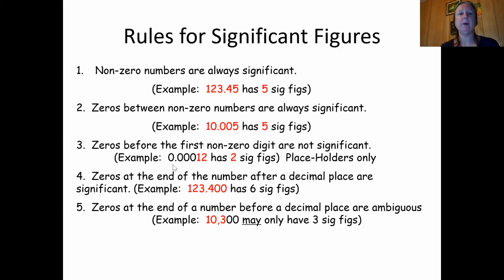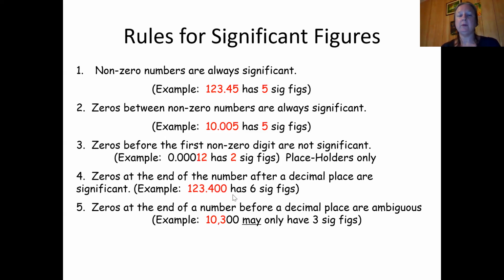So back to the slide. Okay, so that's here. A zero at the end of the number, if it is after a decimal place and there's nothing else after it, it is significant.